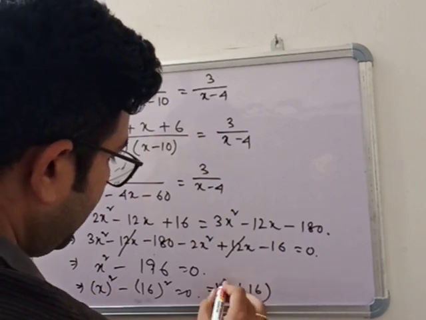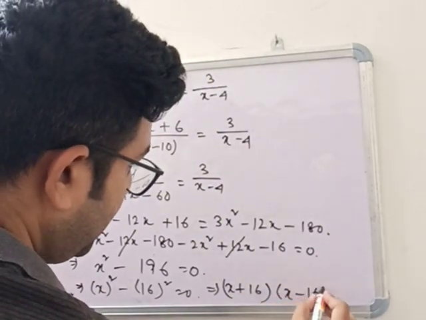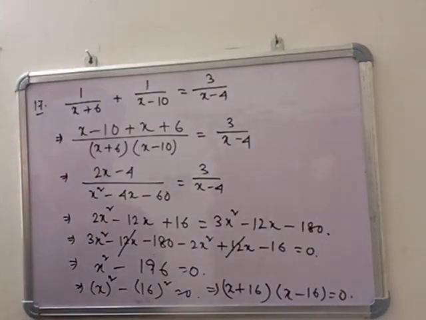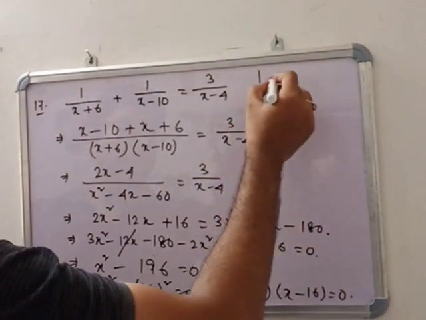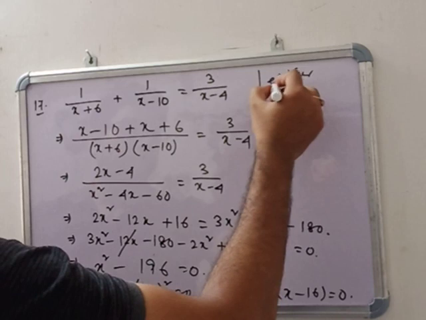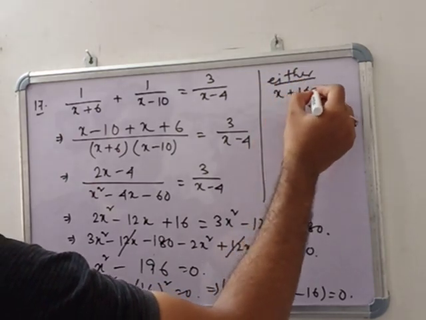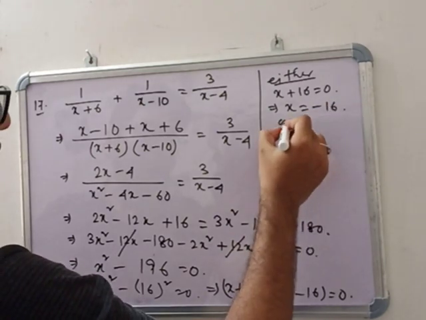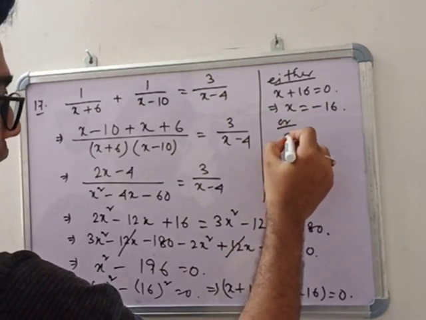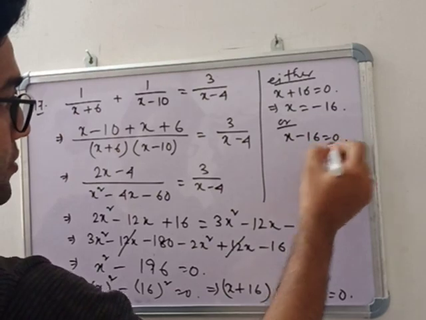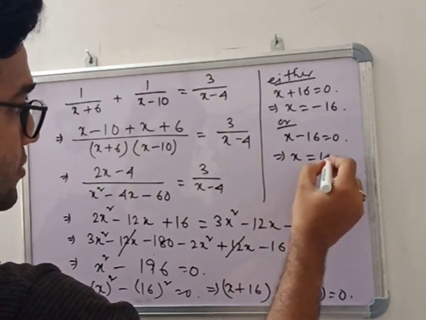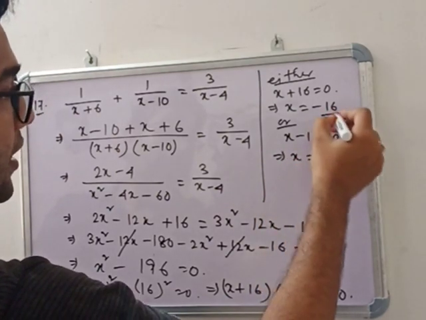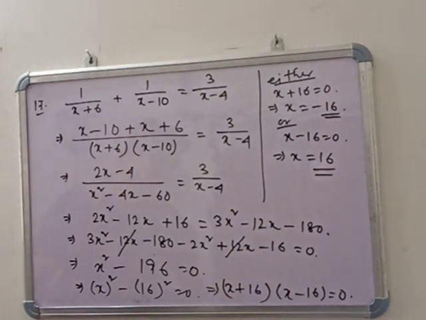So (x plus 16)(x minus 16) equals 0. Now we can write either or. So either x plus 16 equals 0 implies x equals minus 16, or x minus 16 equals 0, that means x equals 16. The values of x are 16 and minus 16. Okay, note it down, all of you.